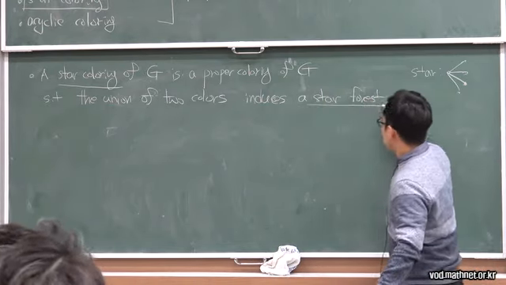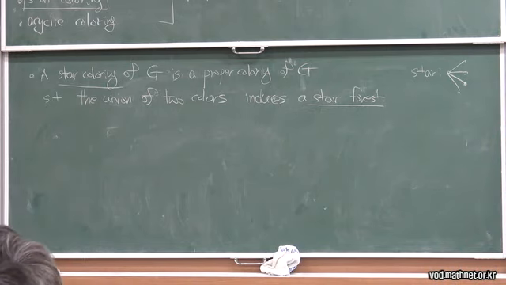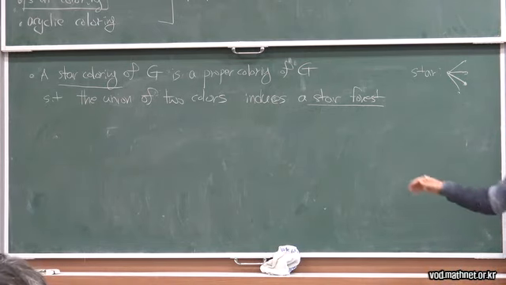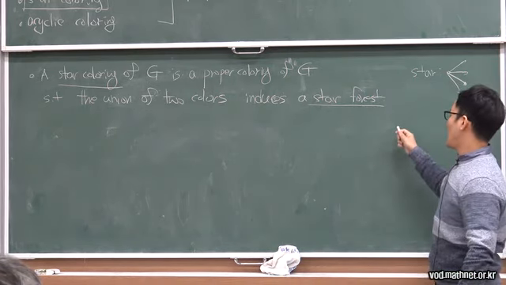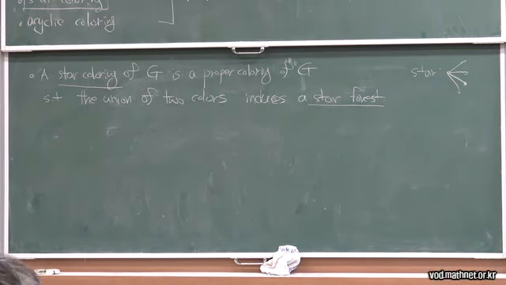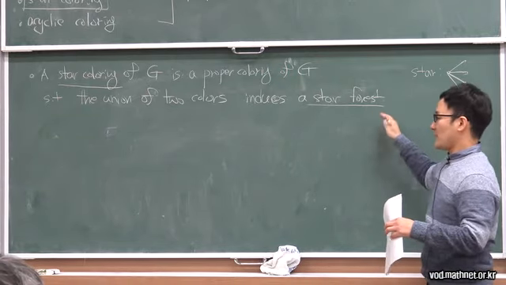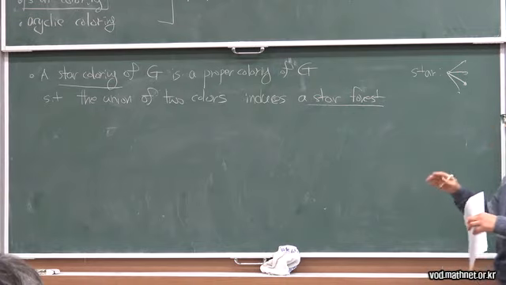A graph is a star forest if it doesn't contain P4, where P4 is a path with 4 vertices. So a graph is a star forest if it doesn't contain P4 as a subgraph.